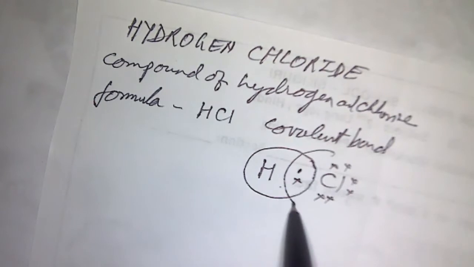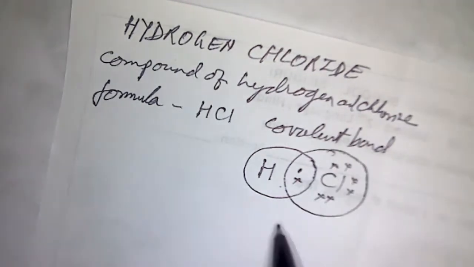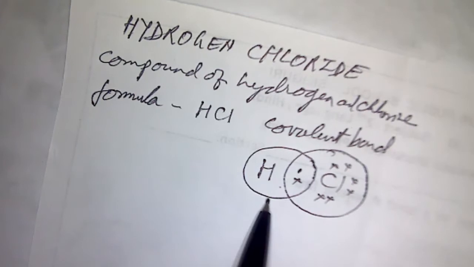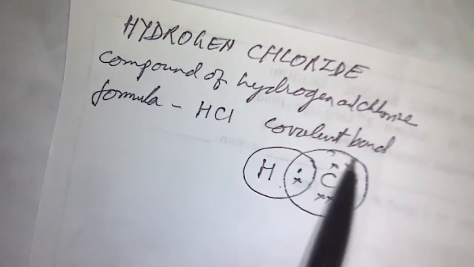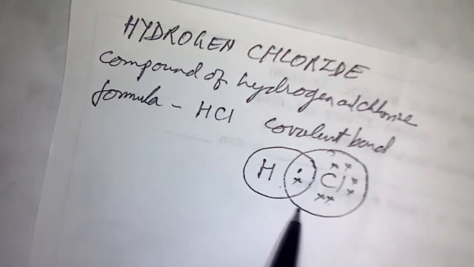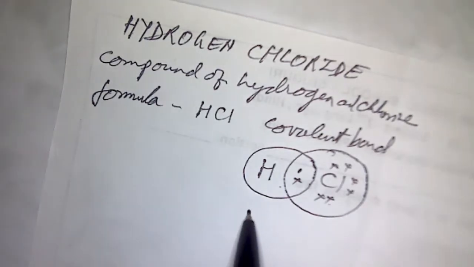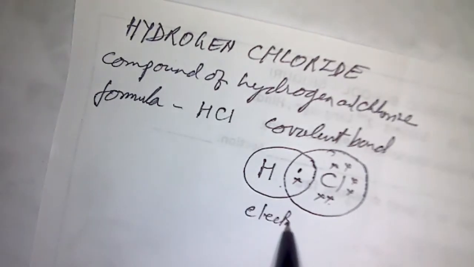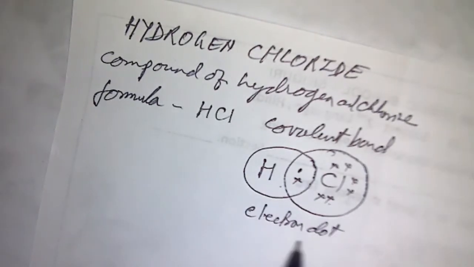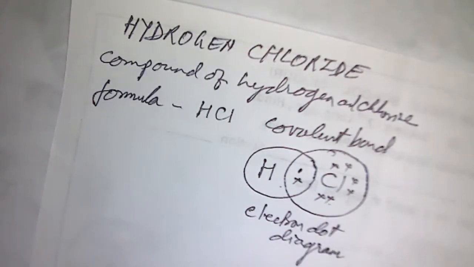Chlorine has how many electrons? 8 electrons. So that chlorine is also stable. So the compound of hydrogen and chlorine means they are combining with the help of a covalent bond. This is your electron dot diagram. Understood?